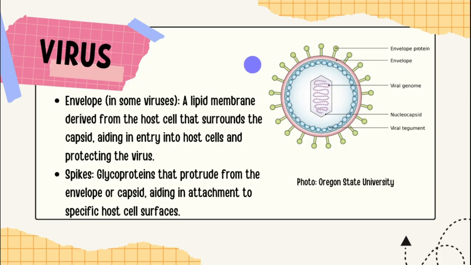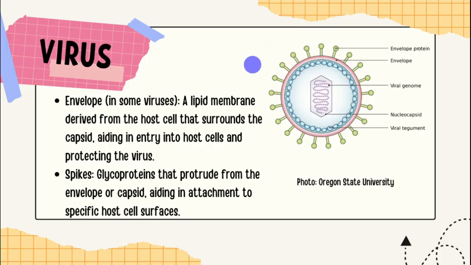So if you really look at it, the envelope, right? This envelope is made up of a lipid membrane that is derived from the host cell that surrounds the capsid, and basically it helps it to enter host cells. So this envelope is meant to secure the contents of the virus, if we're being specific.